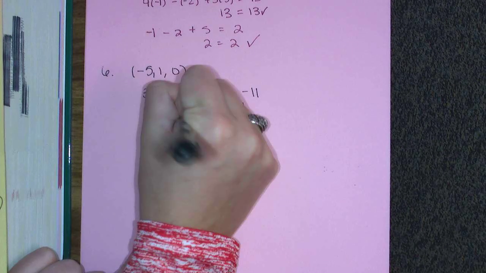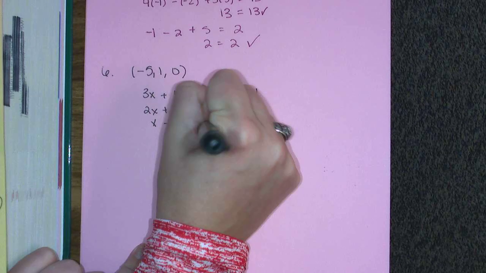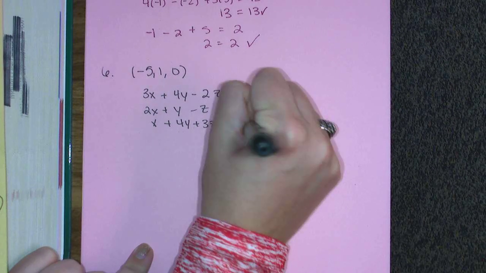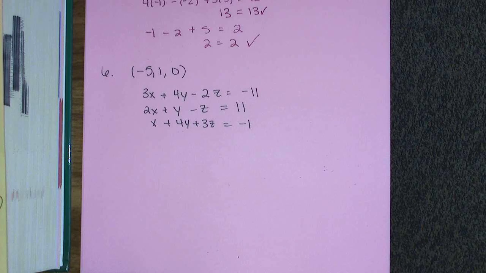X plus 4y plus 3z is equal to negative 1. I want you guys to plug those in and see what happens with this one. I think you all should be capable of plugging them in. That's next. This is just the first thing, of how to check your solution, basically.